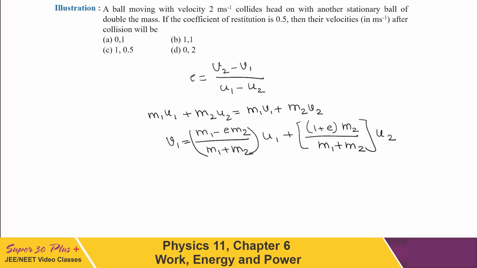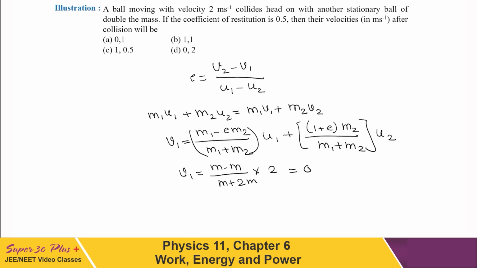On substituting the numerical values, u1 is given 2 meter per second, u2 is 0, m1 is m and m2 is 2m. Also e is given 0.5. So we will get finally v1 equal to m minus m upon m plus 2m multiplied with 2. That will be equal to 0. And what about v2?